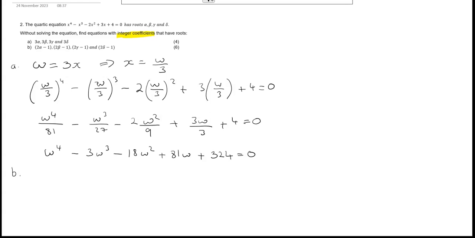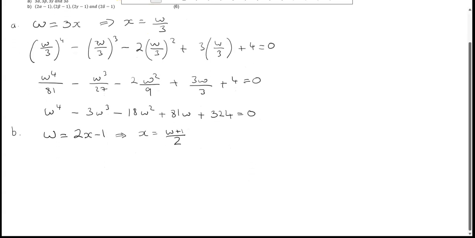So the next one, it says the roots are now 2 alpha minus 1, 2 beta minus 1, etc. So we can say that w is equal to 2x minus 1. And rearrange again to make x the subject. This implies that x is equal to w plus 1 all over 2. And again, I sub this into my equation.